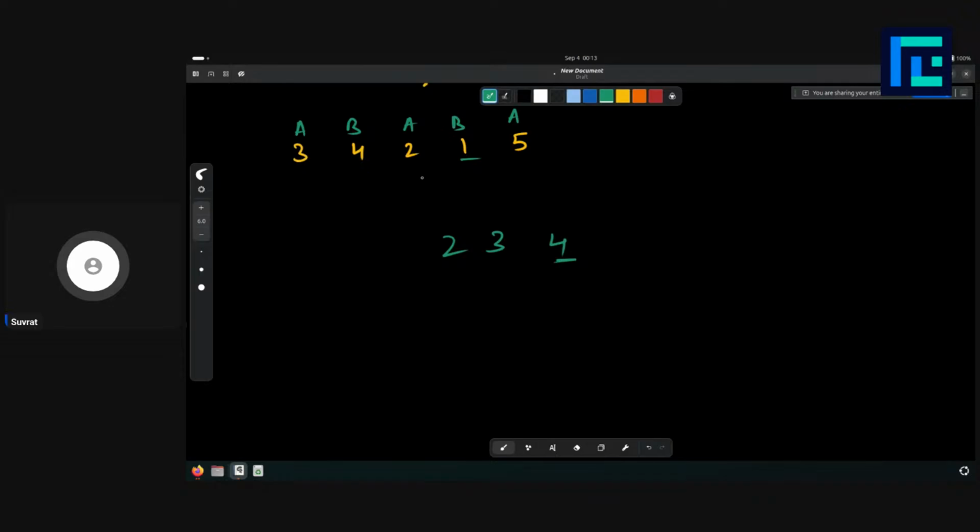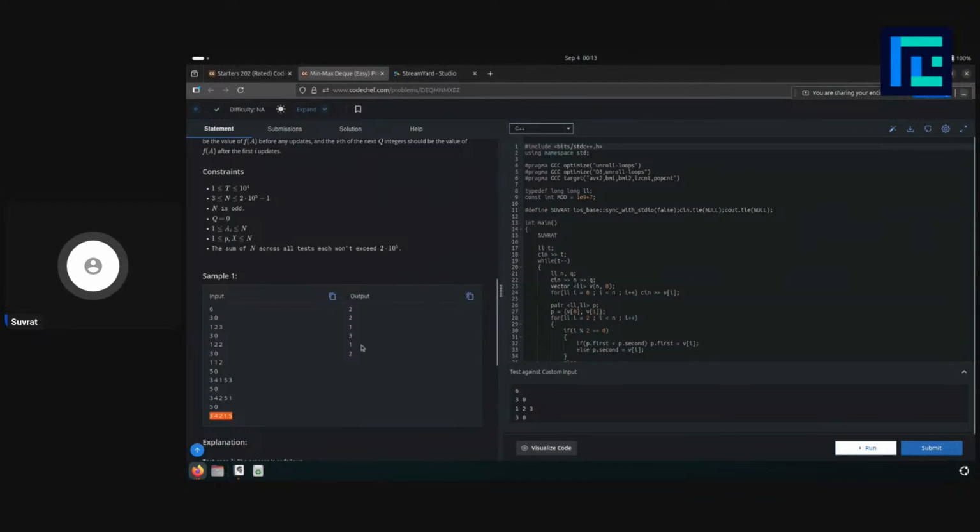Bob has to place 1 and wants to minimize, so Bob would place 1 here, so that 2 would be the next border element. Now Alice will have to place 5, and she wants to maximize the other border element, so she would place 5 here, so that 2 is the other border element, and then the answer would be the minimum of 2 and 5, which is 2.